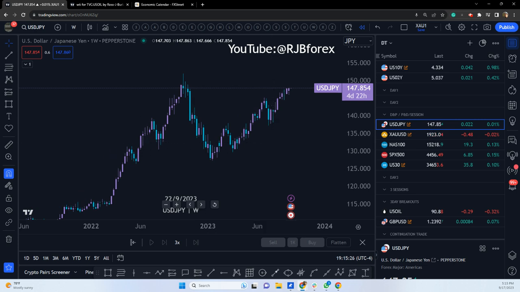So the Bank of Japan, just a note on that, they're expected to leave policy unchanged. Probably not too eager to throw another curveball at the market following July's surprise yield curve control tweak. Instead, we're going to be looking at comments from the governor on the yen, given how high it's been.